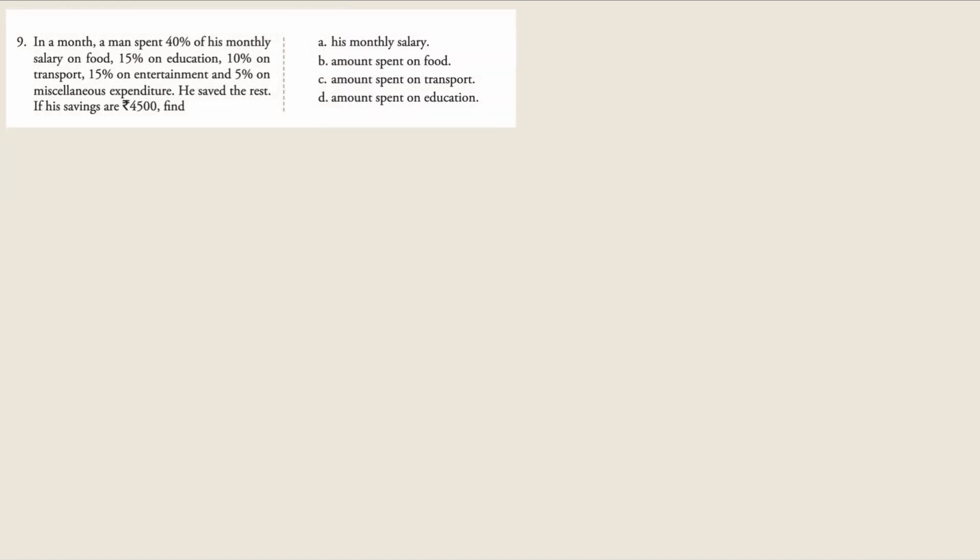Yes, ninth question. Now what is it saying? A man spent 40% of his monthly salary on food, 50% on education, 10% on transport, 15% on entertainment, and 5% on miscellaneous expenditure.